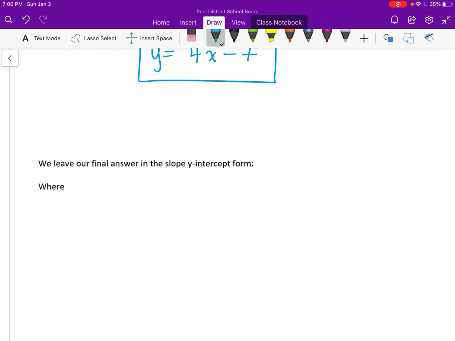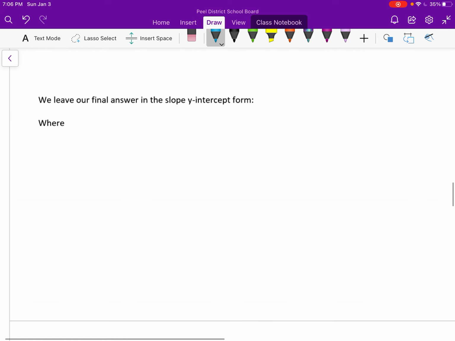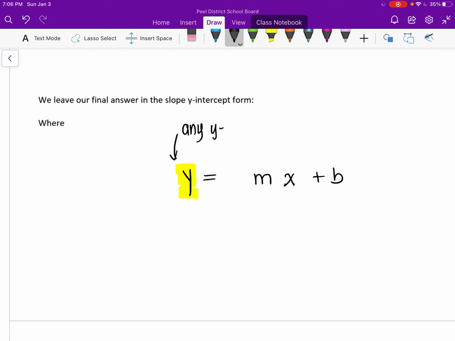We leave our final answer in slope y-intercept form, so I'm going to rewrite that out. I'm drawing this out because I don't know if we went over this. We kind of talked about it, but I'm giving you a more formal understanding of what this means. y represents any y coordinate on the line.